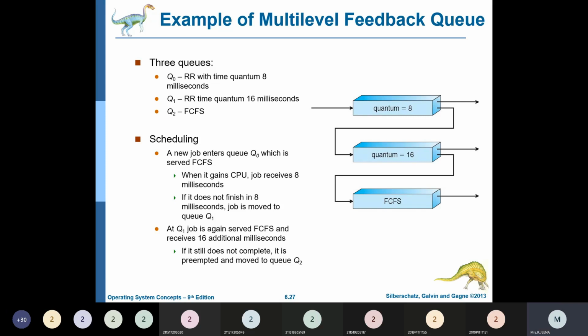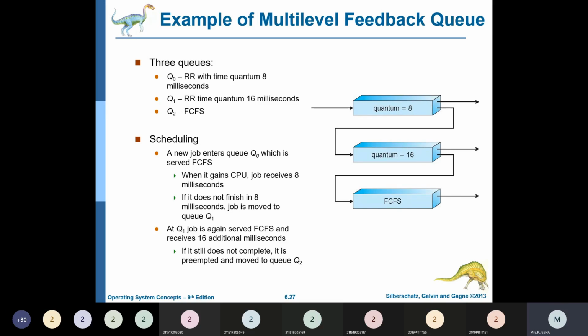So in this, what happens if a process entering that quantum 8 takes about like 17 or like 20? Take for example 20. P1 contains 20 and it has to enter the quantum 8.